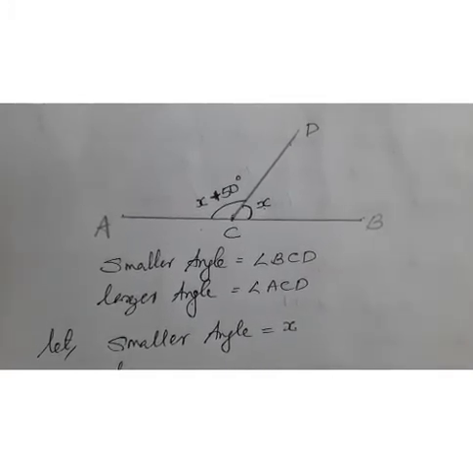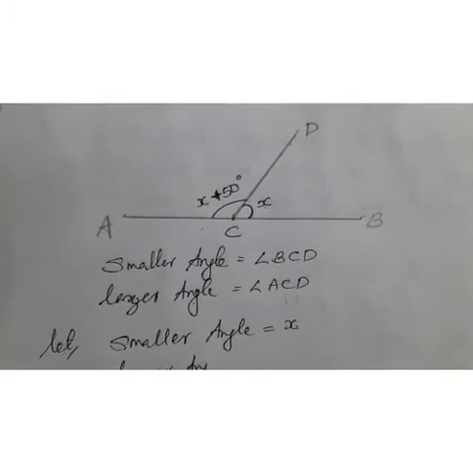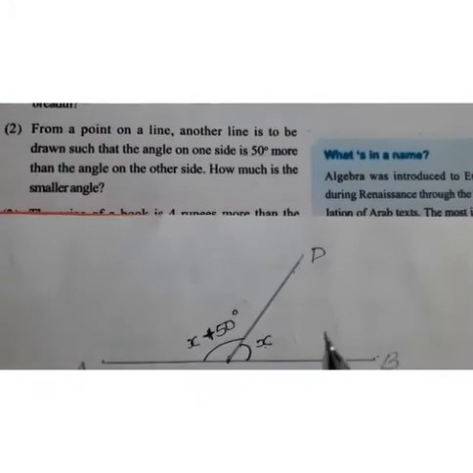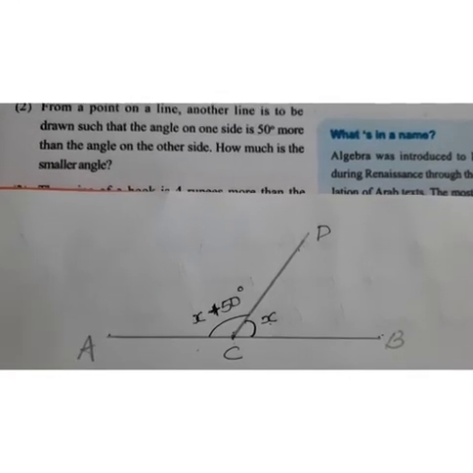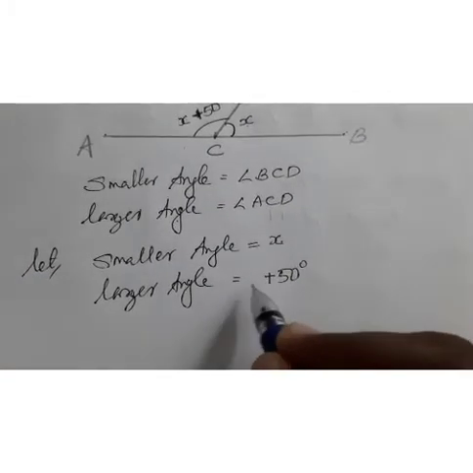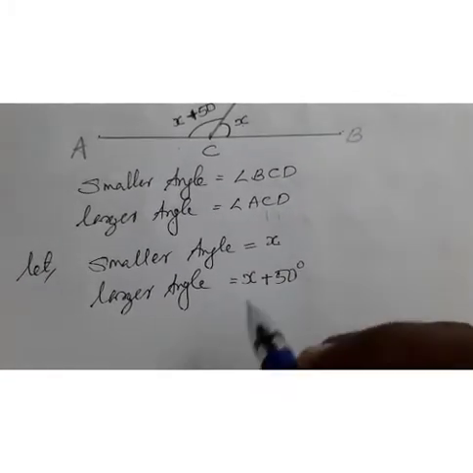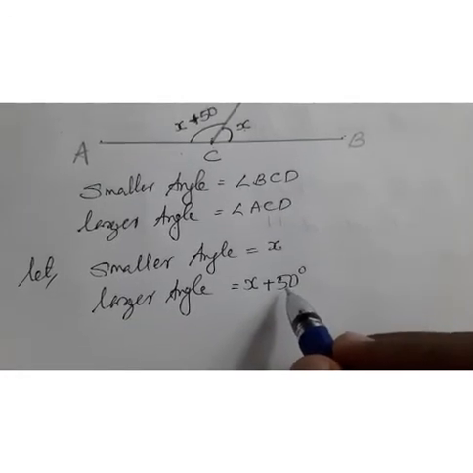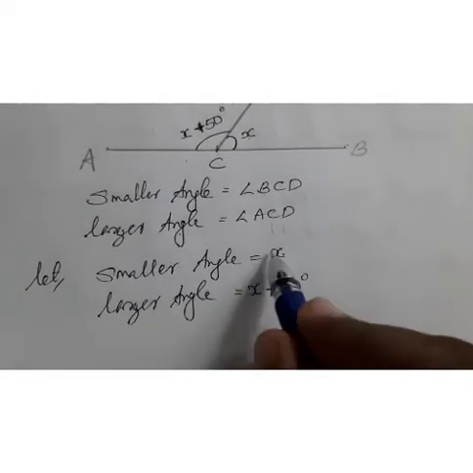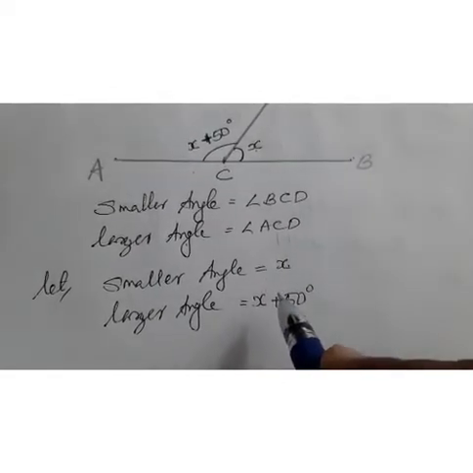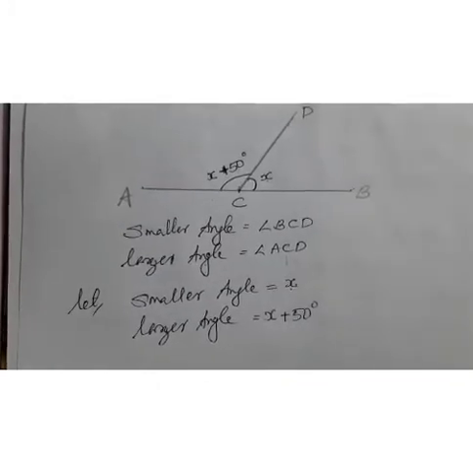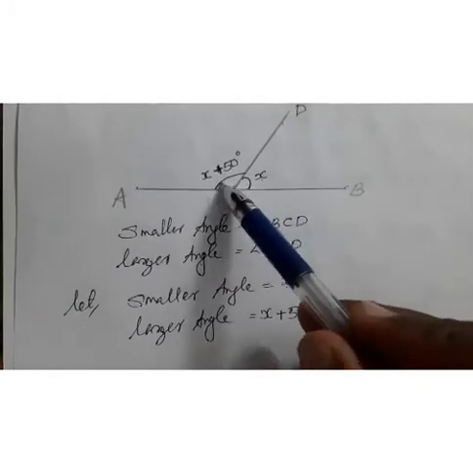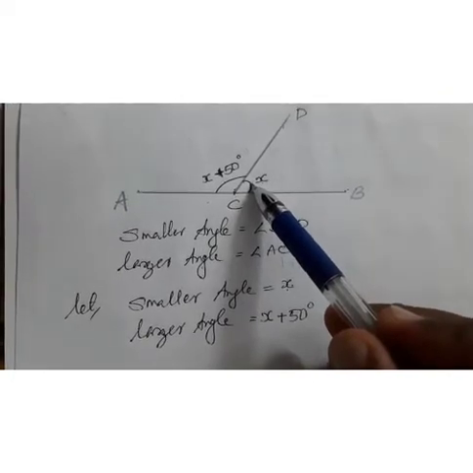And what about the larger angle? See the question. The larger angle is 50 degree more than the smaller angle. So x plus 50 is the larger angle and the smaller angle is x. Then you see here, if these two angles are added, what is the speciality of this one?